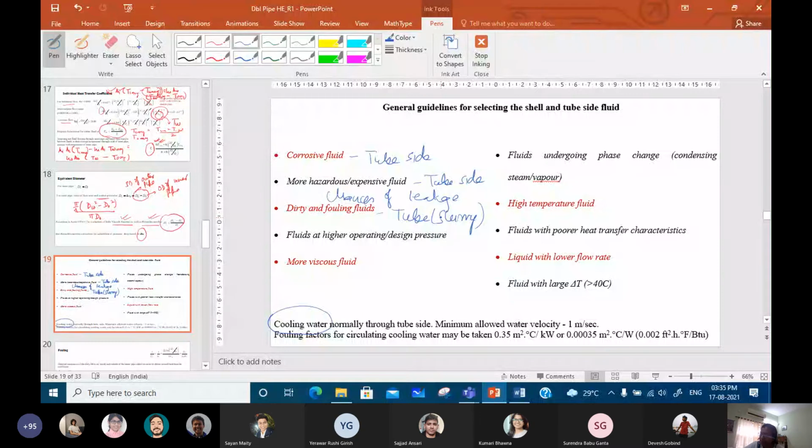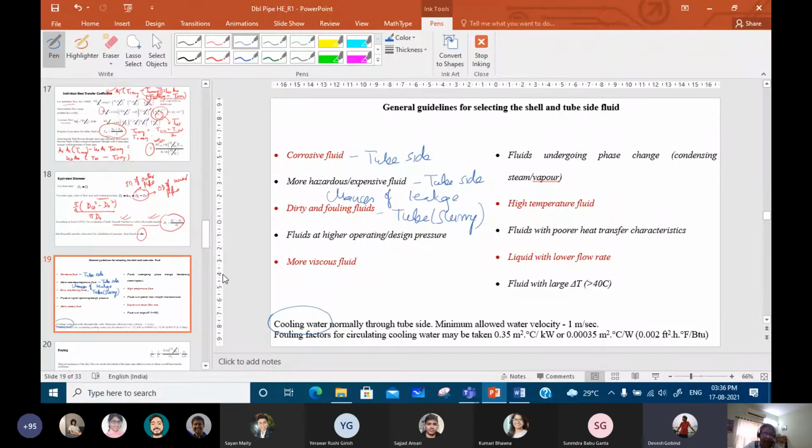Right? Now suppose a fluid has a higher operating or design pressure. Can you tell me on which side I should be putting it? Anybody, any idea? Ma'am, the shell side.